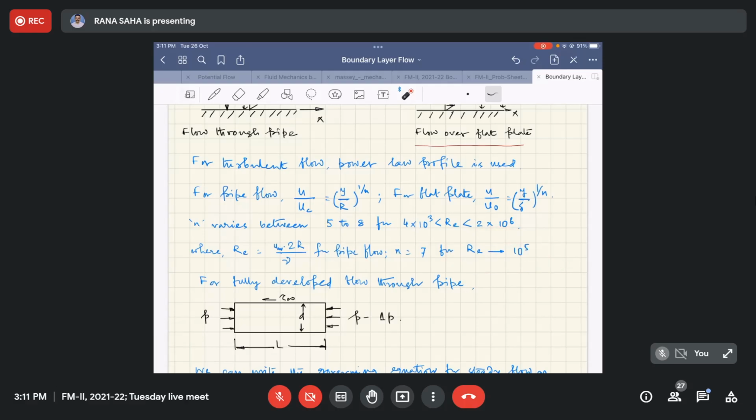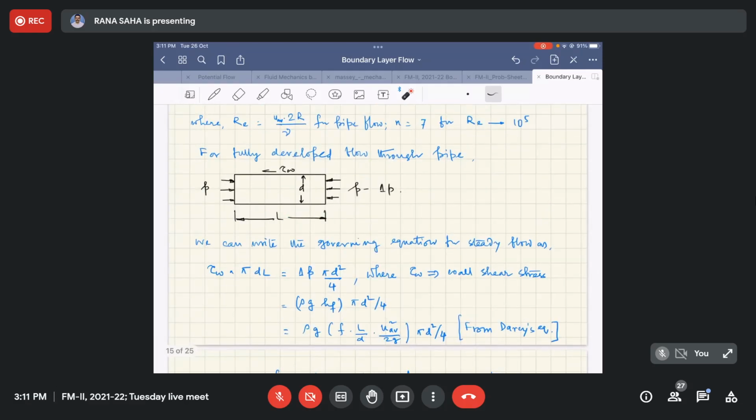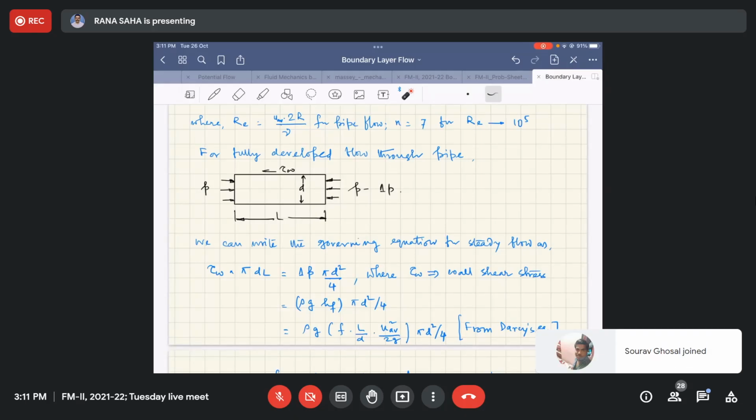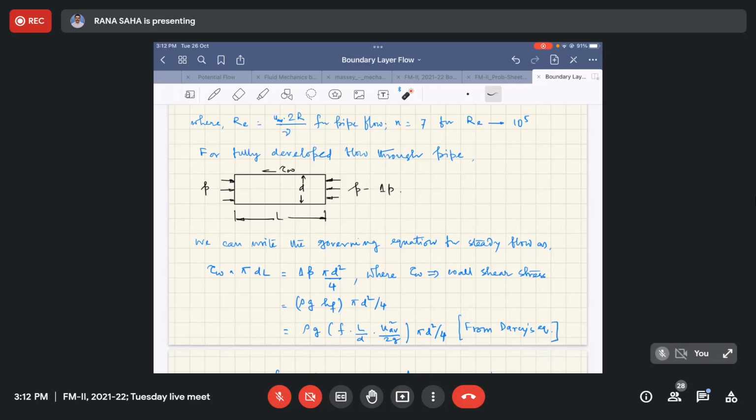Then it is the same consideration of an elementary volume, a control volume, for a steady, fully developed flow situation in a pipe.